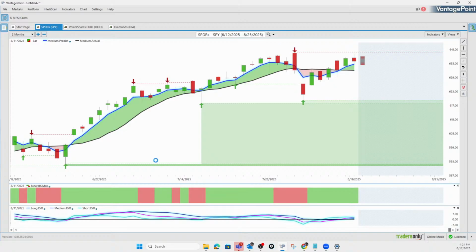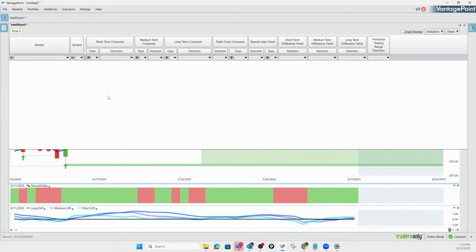So I'm just going to create a brand new IntelliScan. You can see this is pretty much just a blank filtering system right now. But we're actually going to add markets or sectors into this scan so we can see the general direction of those sectors and the strength and weakness.